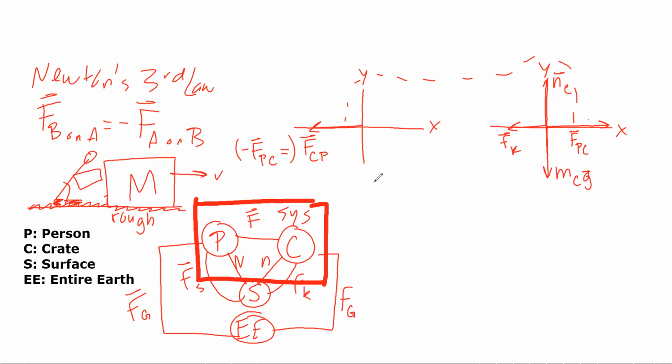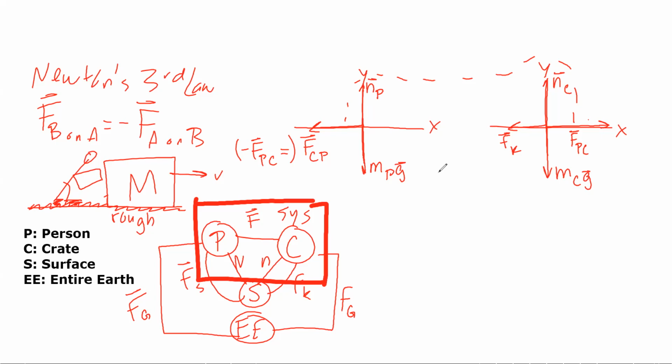Going to the person, we've got the same thing. We have m sub p times g, and then a bigger normal force. Maybe call it lowercase n sub p. I think I wrote it capital N, but I think more standard is little n with the subscript.